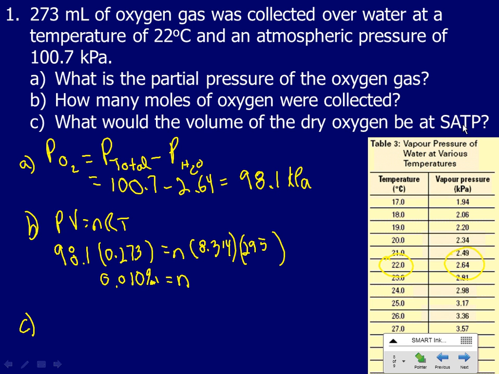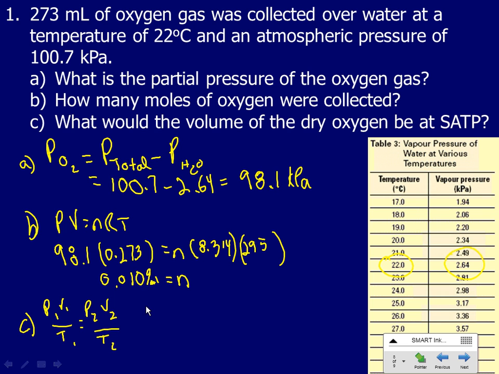So because I have two conditions, one where the experiment we did in the laboratory, and the other one is the standard conditions, we can use the combined gas law for that. So let's go ahead and do that one. P1V1 over T1 is equal to P2V2 over T2. My first conditions can be all of the conditions that I started with.